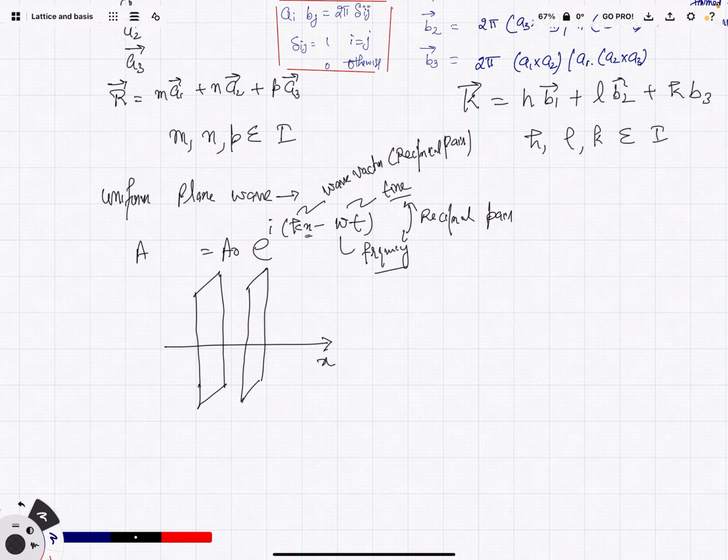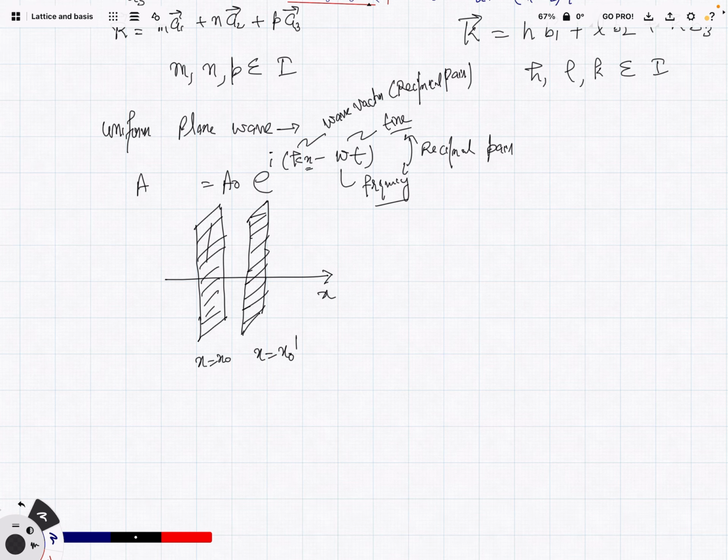You take any plane and freeze the time, and then at various x equal to x naught, x equal to x naught dash, across the whole plane the wave will have the same magnitude, right? These wave planes are called wave fronts, that you might have seen in some electromagnetic course.